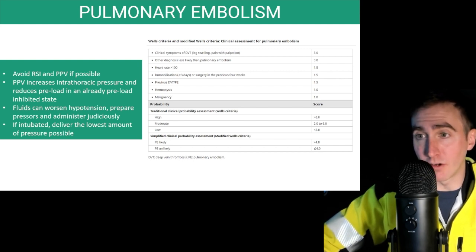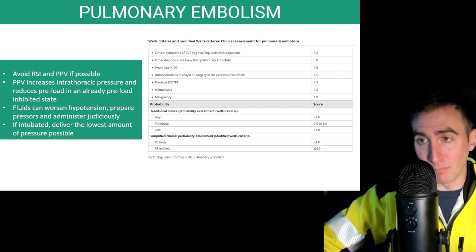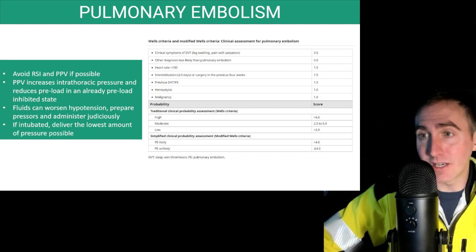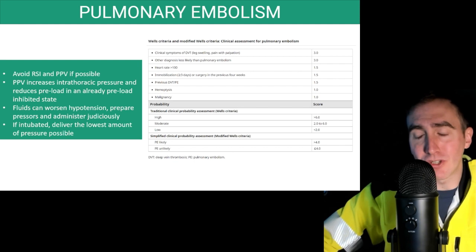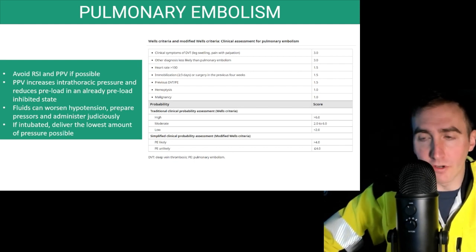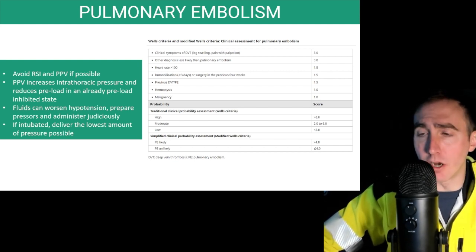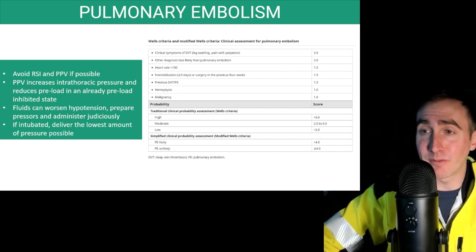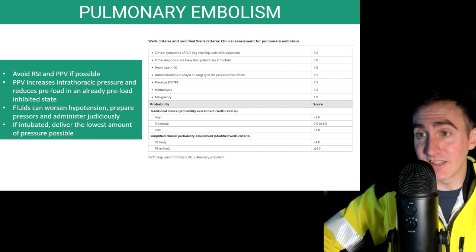But with RSI, not only are we intubating them, we're giving vasodilatory medications. We're completely removing their compensatory capabilities. We're increasing intrathoracic pressure, which is going to worsen an already strained right ventricle. And we're increasing the afterload by increasing the pressure in the lungs.